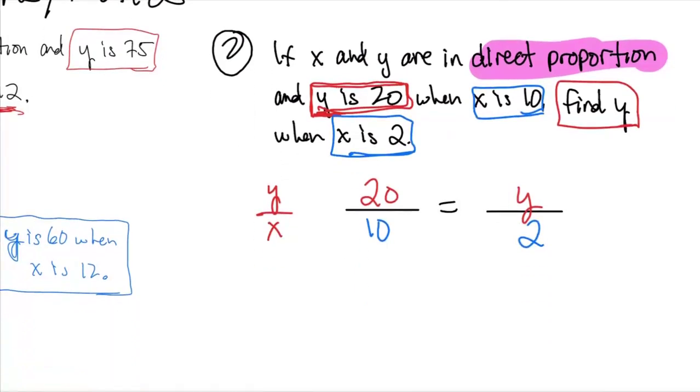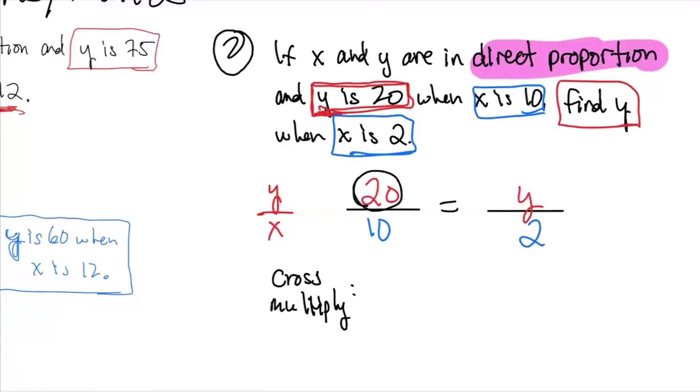I can solve that. I can cross multiply. Which means I'm going to take that 20 and multiply it times 2.